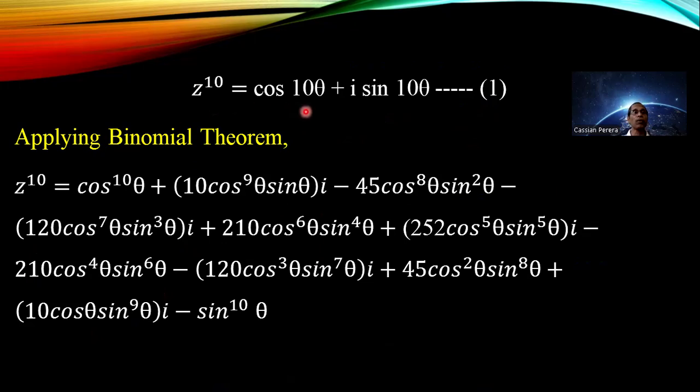Now, let's see what happens if you apply the binomial theorem to cos theta plus i sin theta to the power 10.